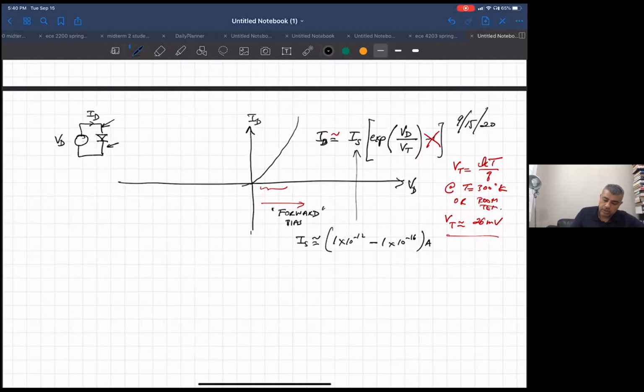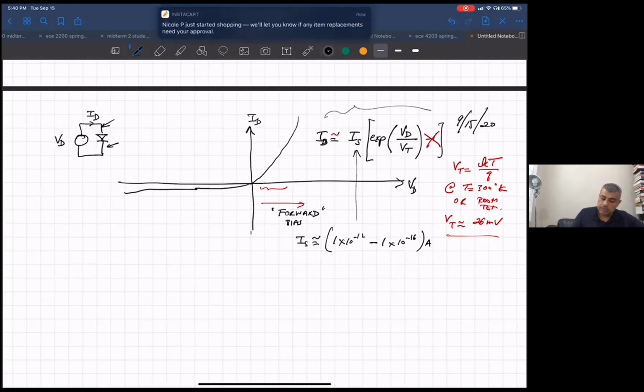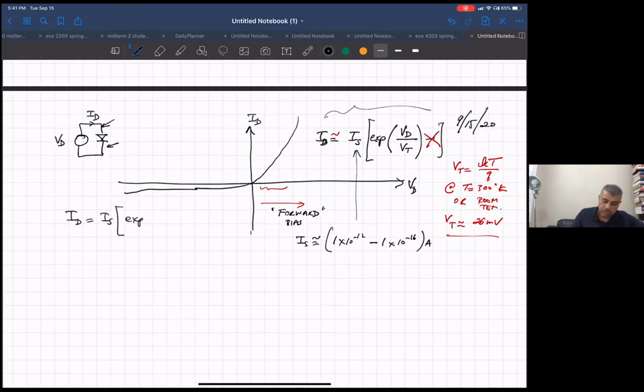And then as you go negative, we still have the same equation. I sub D is equal to I sub S times the exponential of V_D over V_T minus 1.